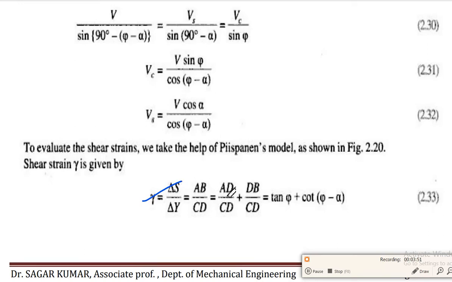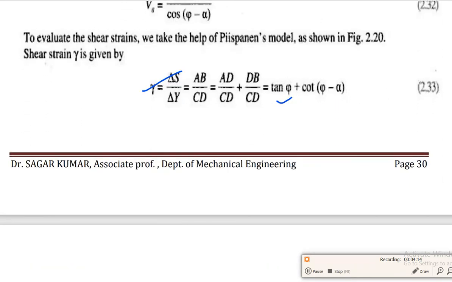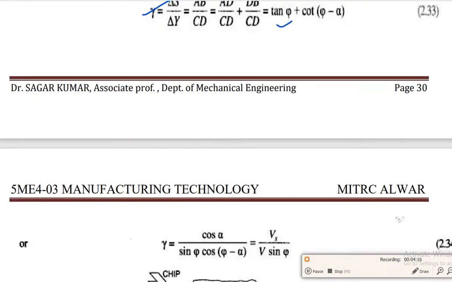AB we can write from the triangle as AD plus DB, so from the figure we get the angles. That is the value of shear strain: gamma is equal to tan phi plus cot(phi minus alpha).